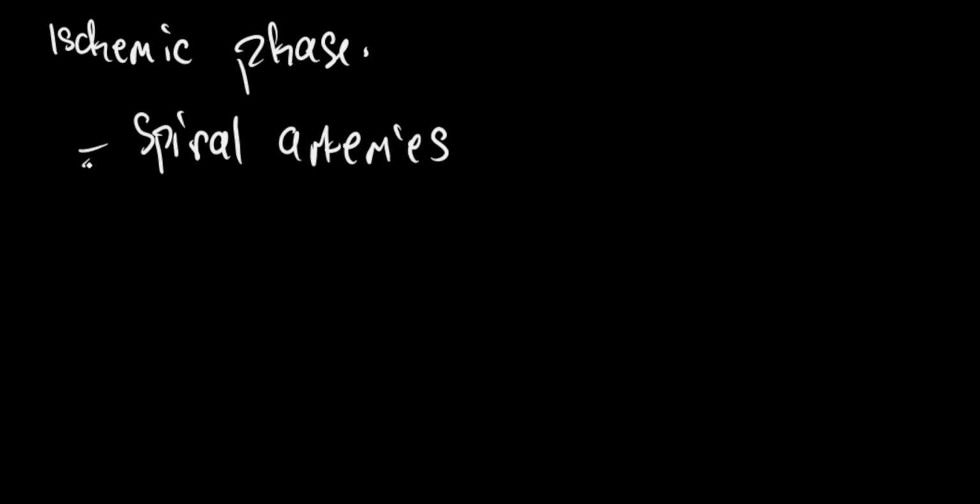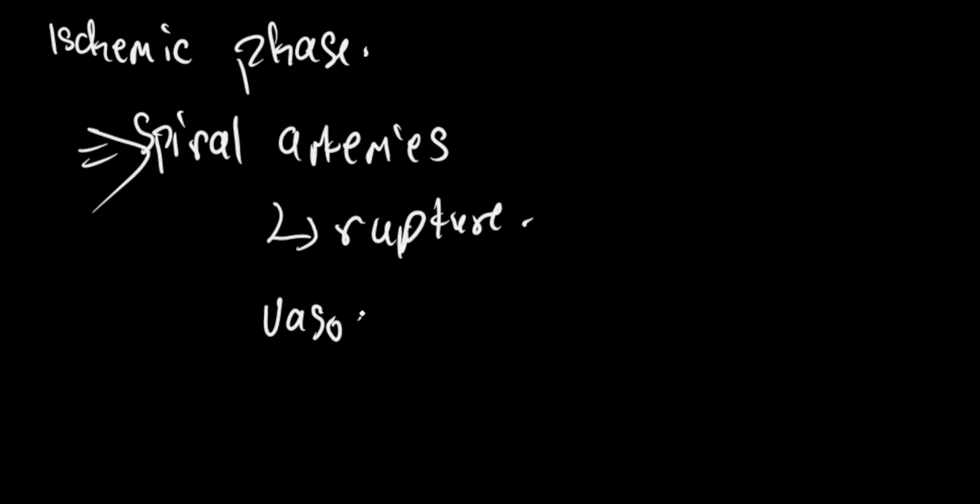When there is a drop in the estrogen and the progesterone level, this spiral artery ruptures, and it's actually due to what we call vasospasm.